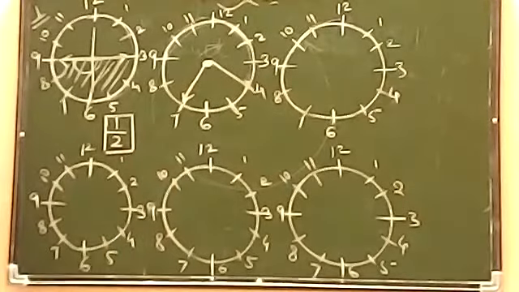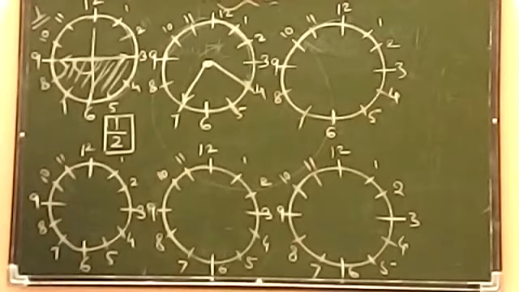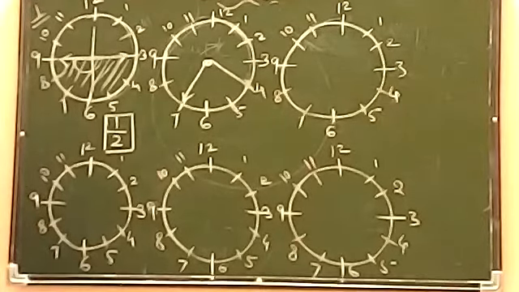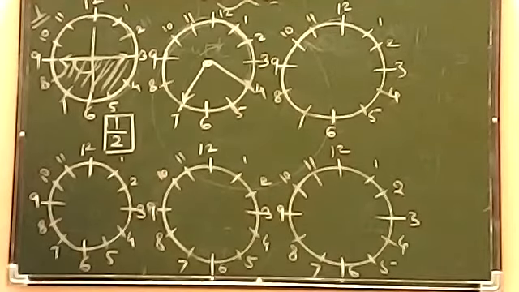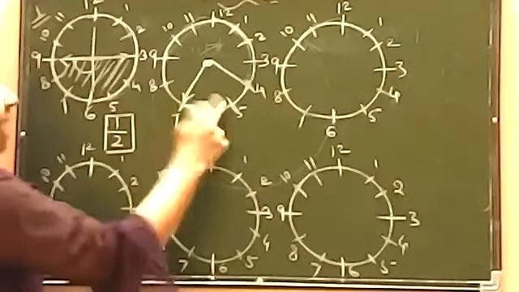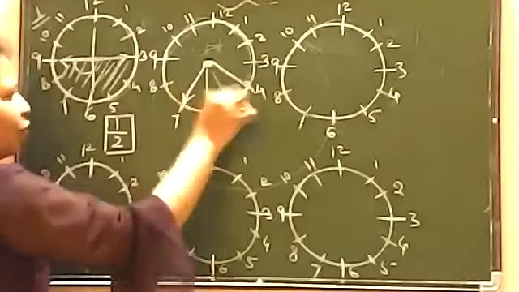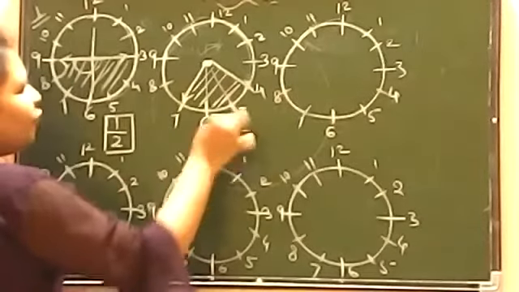When we divide a circle into 4 parts, one part has 3 gaps, which means one right angle is 3 parts. Always remember this. So you are covering 1/4 of it.